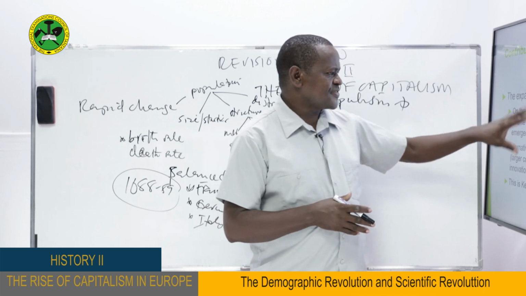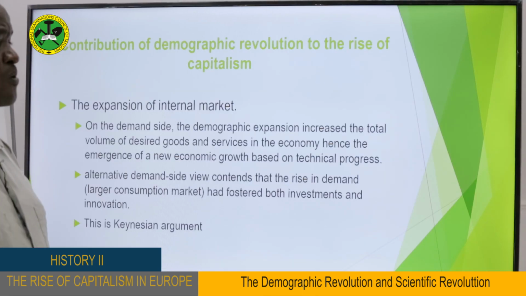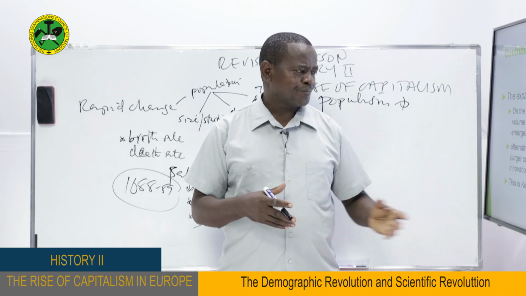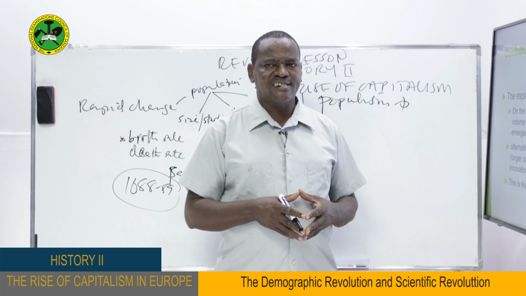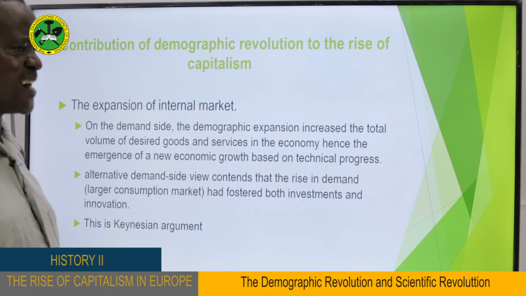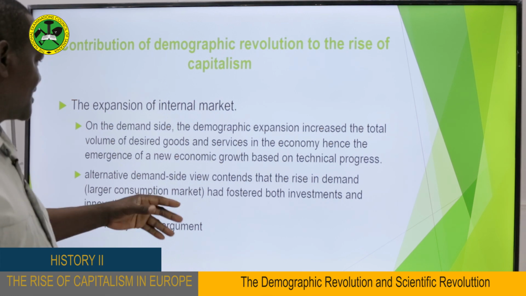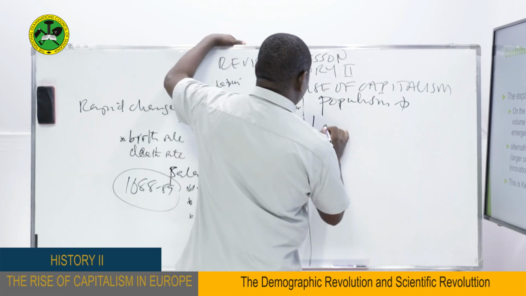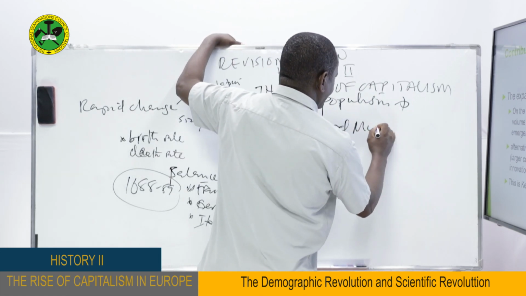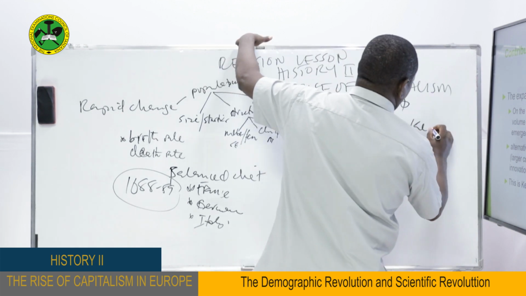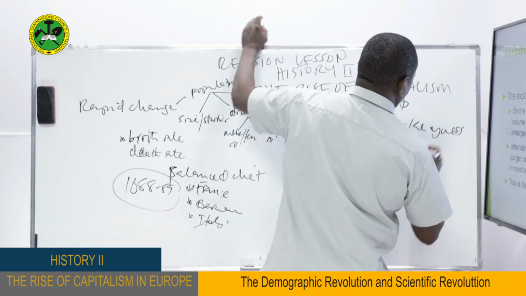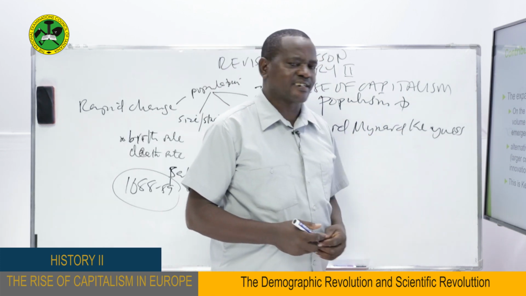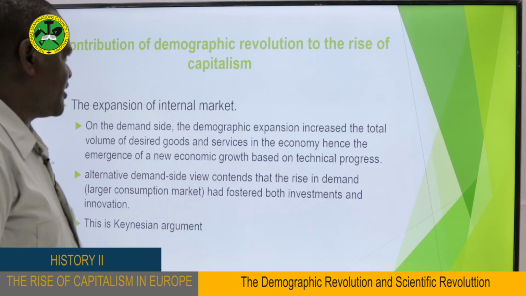My dear students, these two things I've said, for those students who are studying economics, you can study them more in the so-called Keynesian argument. That means the argument which was given by an economist called Lord Maynard Keynes, and this is the way you can explain this.